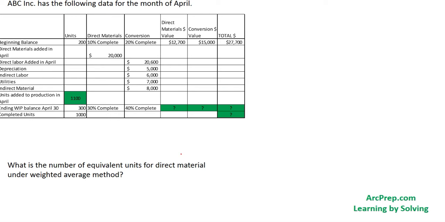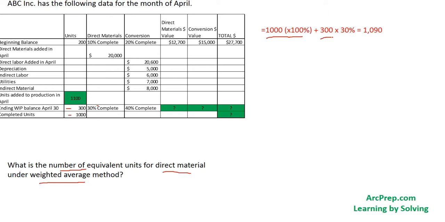Now let's calculate the number of equivalent units for direct materials specifically on the weighted average method. I know that I'm completing 1000 units. 1000 units are 100% complete. And I know that 300 units are 30% complete.